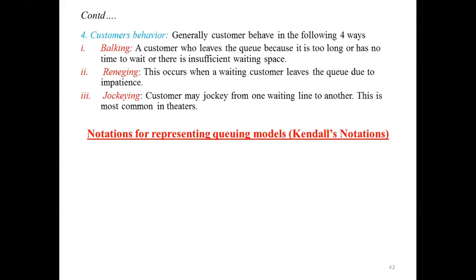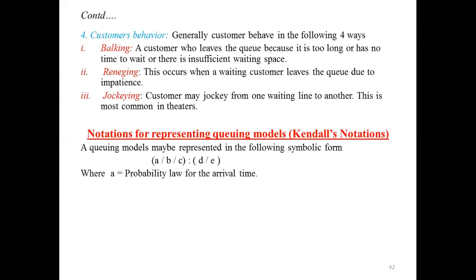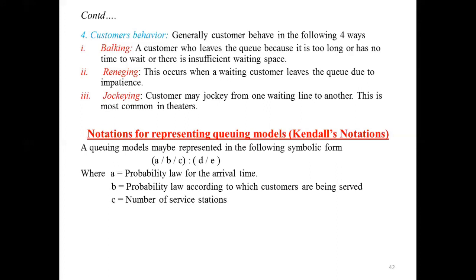A queuing model may be represented in the following symbolic form: A slash B slash C hyphen D dot E, where A is the probability law for the arrival time, B is the probability law according to which the customers are being served, C is the number of service stations. Suppose you have six stations in a production line, then the C value is six.